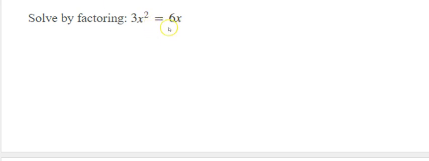To do that, we subtract 6x from here, and then subtract 6x from this side. When I do that, I can rewrite this as 3x squared minus 6x equals 0. So notice we have our a, we have a b. There is not a c in this scenario. It would just be a 0, so we don't have to add anything. And then we have our constant 0.